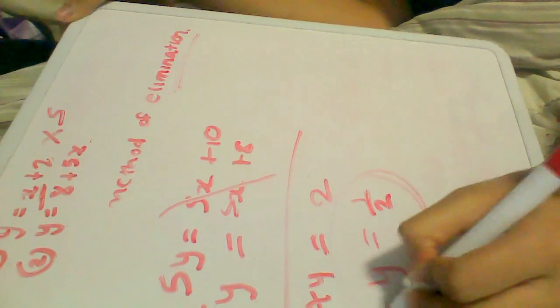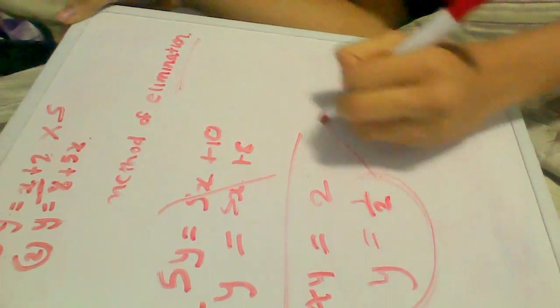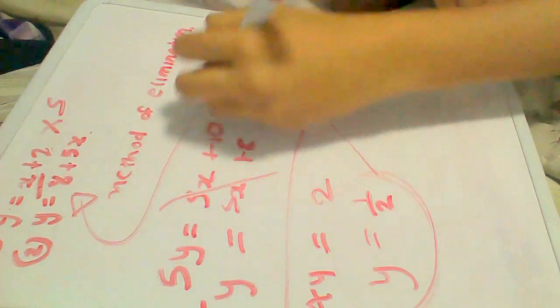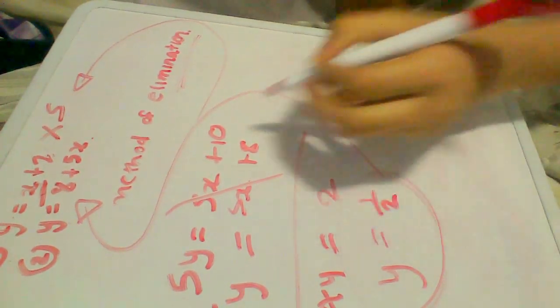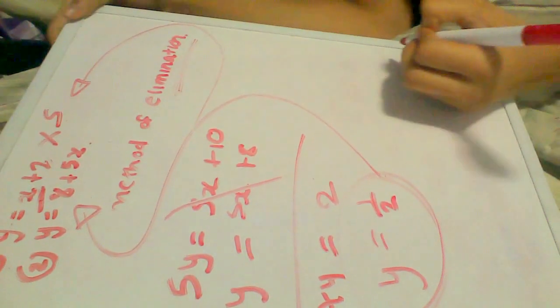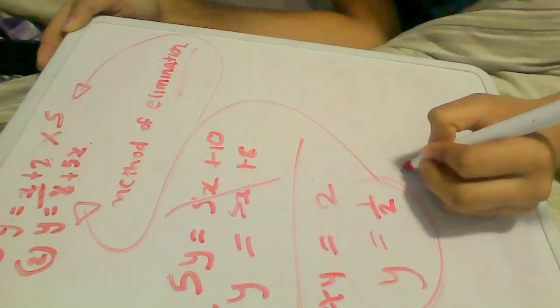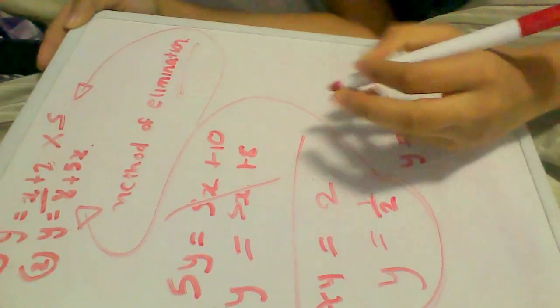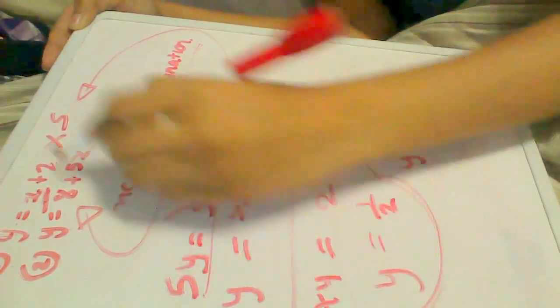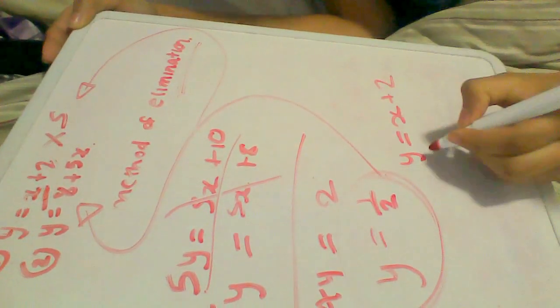Now we can sub this into, again, either or, just like how we did with substitution. It can be into this one, or into this one. So I'll do it with the first one, obviously, and you can go back to your original equation now. You don't have to stick with this one that we had just multiplied. You can go back to your original.